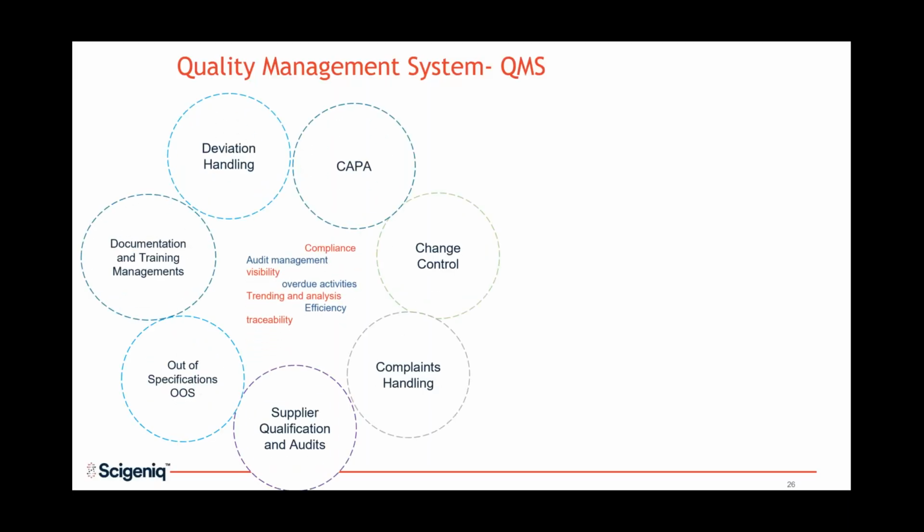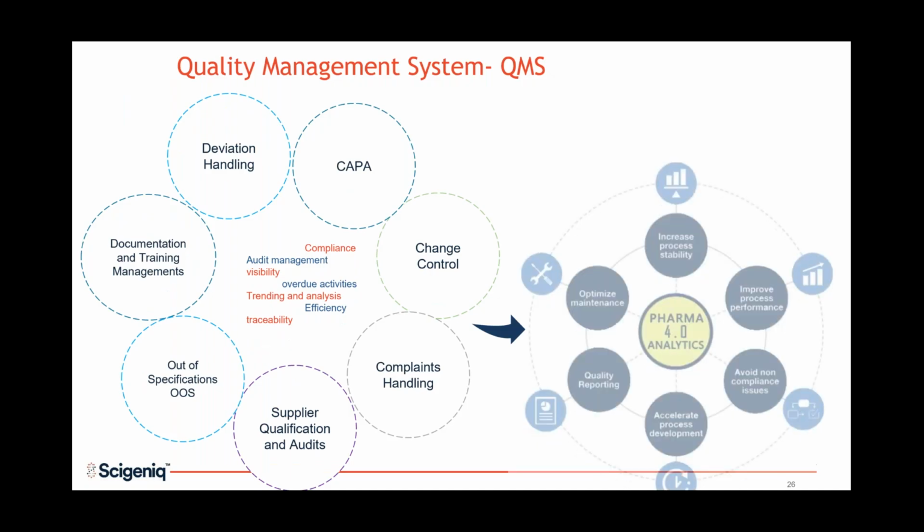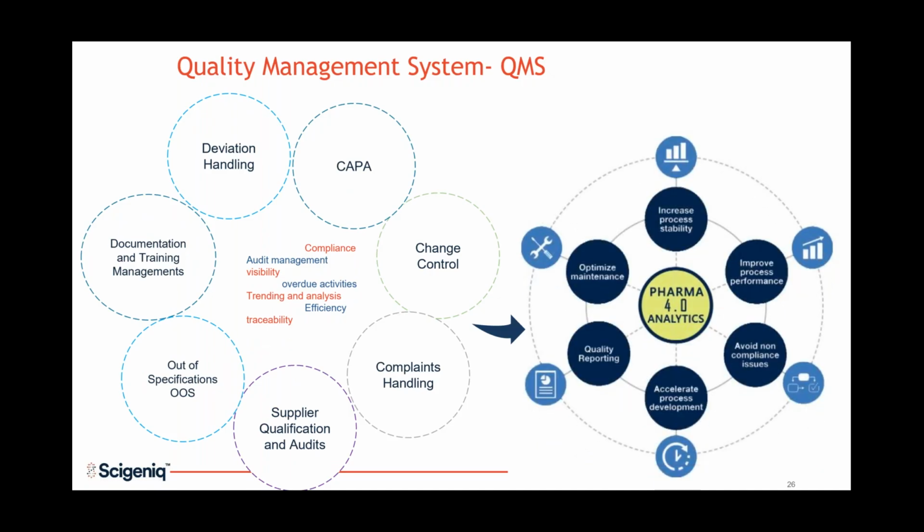Okay, so let's have a look at a typical quality management system. The quality management system basically consists of deviation handling, as you can see, CAPA, change control, complaint handling, supplier qualification and audits, out of specification, and documentation and training management.